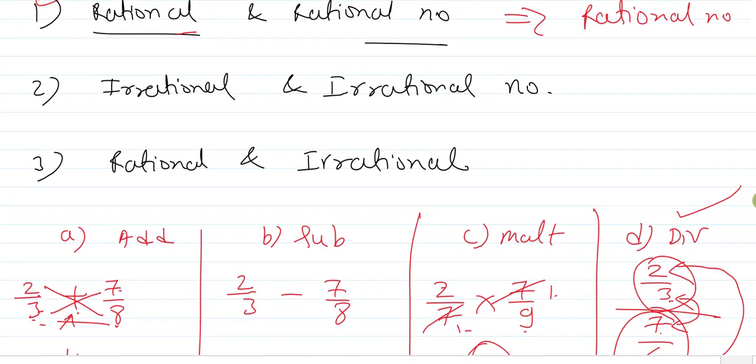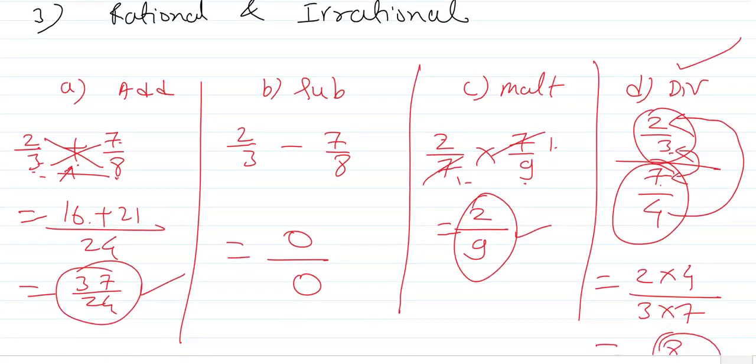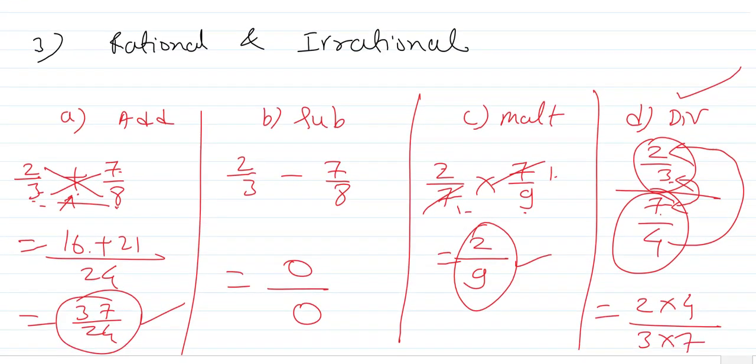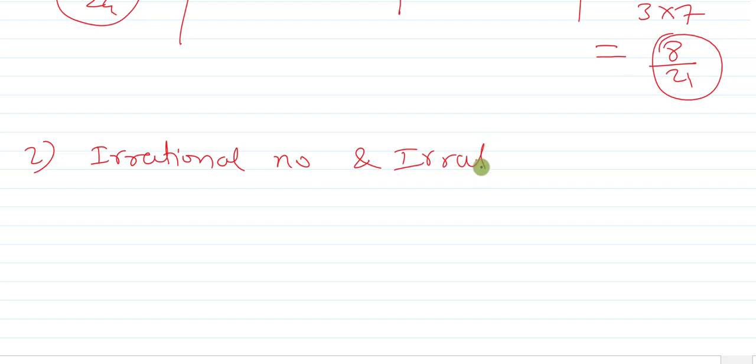Okay, now for irrational numbers, what will happen? Same process we will do. Let's suppose second one we will take for irrational numbers.